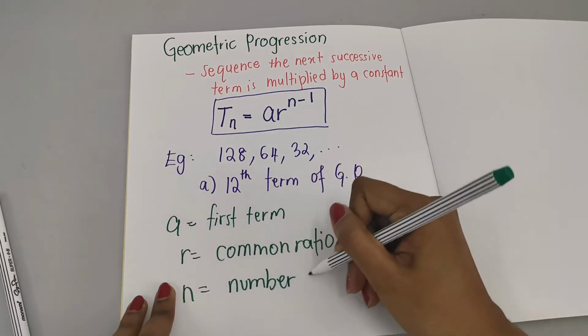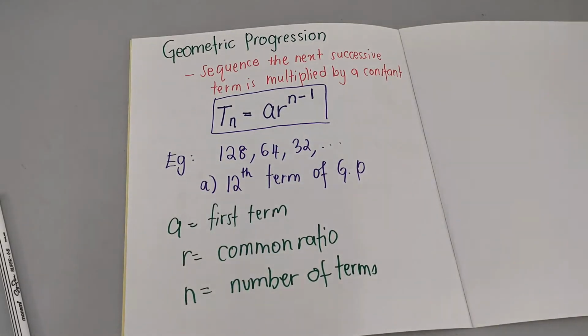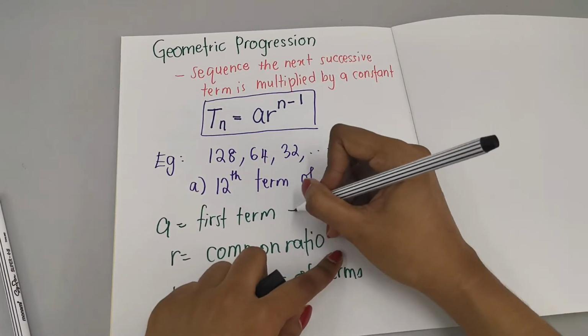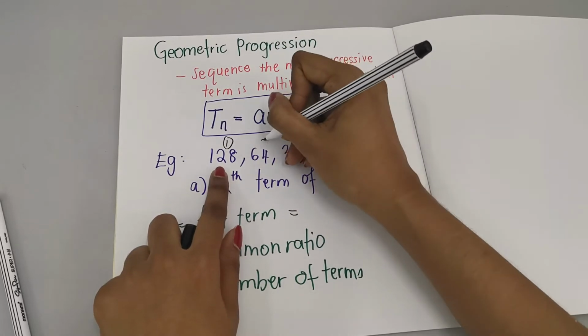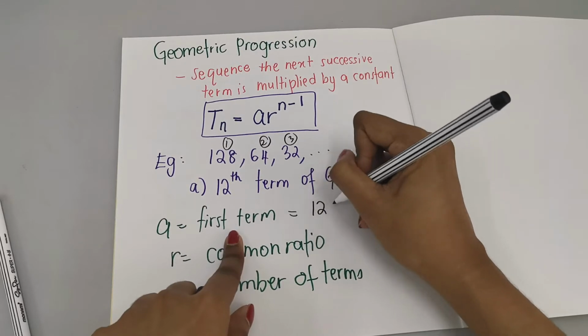Since we are going to find the 12th term, we just substitute the values. You're finding T12. So your first term here is 128.